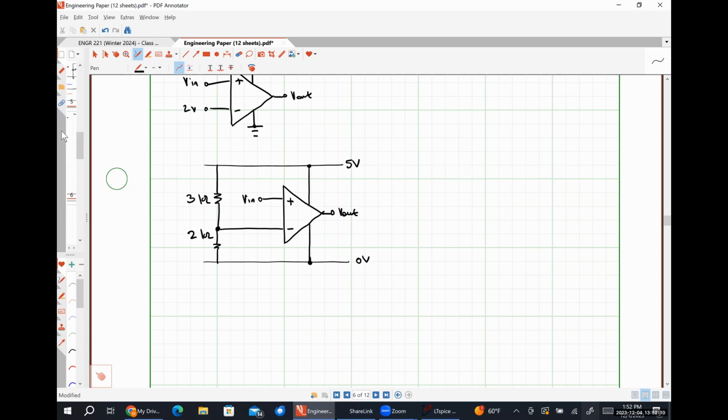But VX is still going to wind up being negative 30 because it's the opposite polarity. It's the same voltage, but opposite polarity. So it should be a positive 30 volts there after doing the source transformation. Because if the head of the arrow is on the right, the positive sign is on the right. The tail of the arrow is on the left, so negative is on the left. It's a positive 30 there.